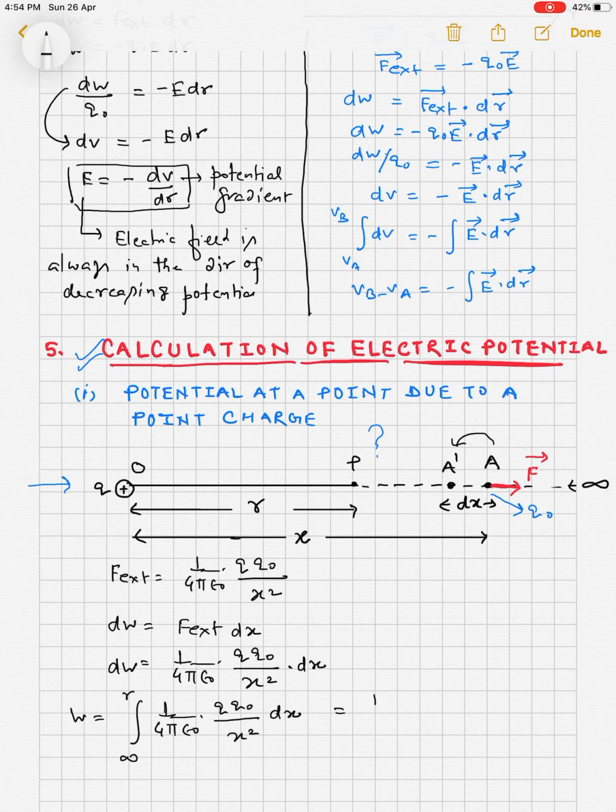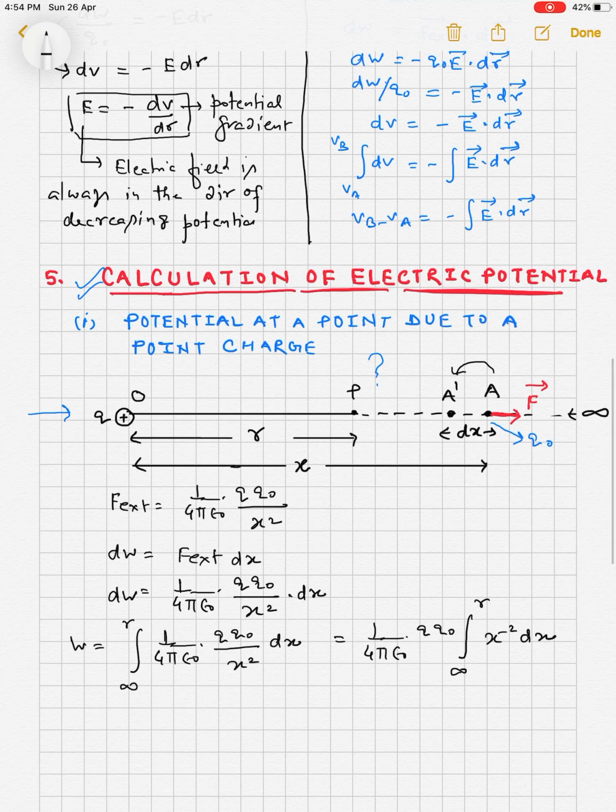So we have 1 upon 4 pi epsilon naught q naught outside the integration, and inside it we have only x to the power minus 2 dx. So integrating it, we will get 1 upon 4 pi epsilon naught q naught x to the power minus 1 upon minus 1, and these are the limits.